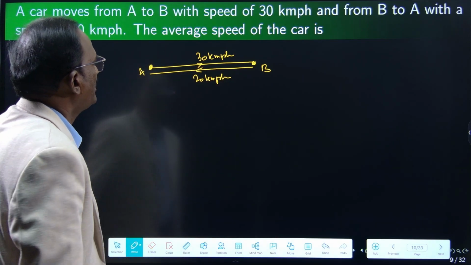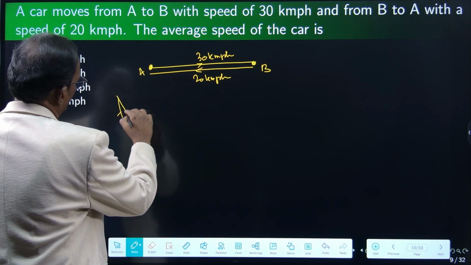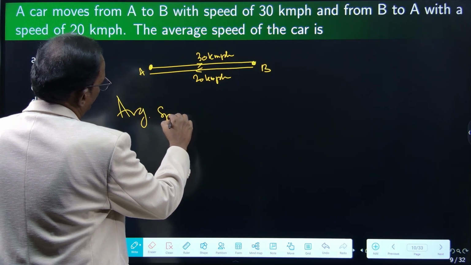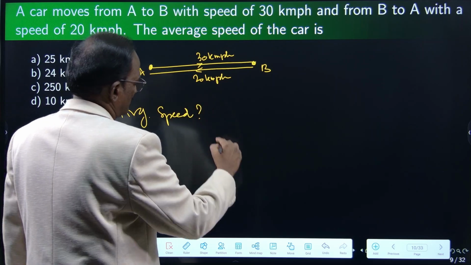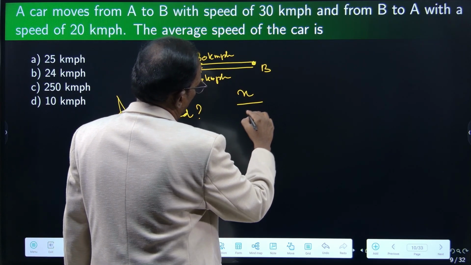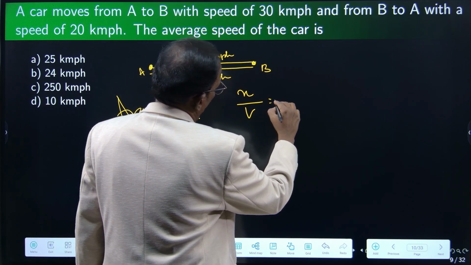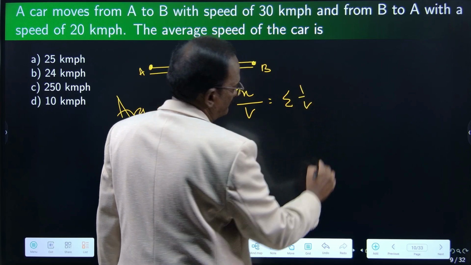The average speed of the car is, what is the average speed? Again I will use this formula, n by v is equal to sigma 1 by v.